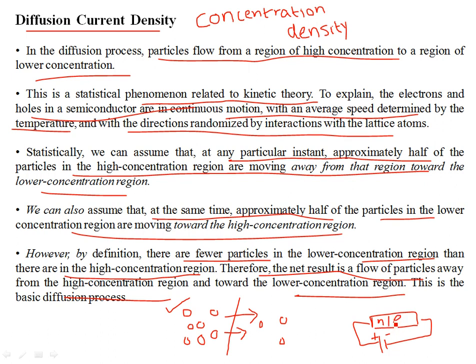Because if you apply an electric field, you establish a force. This force will be experienced by the charge carriers, holes and electrons, and they are going to experience a drift velocity due to this established electric field.